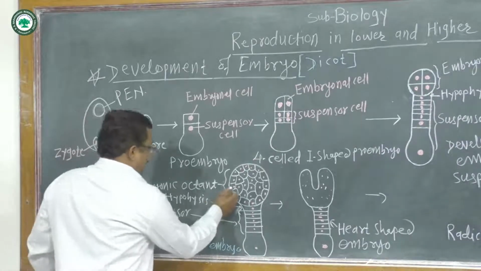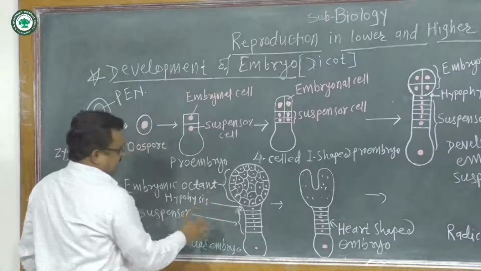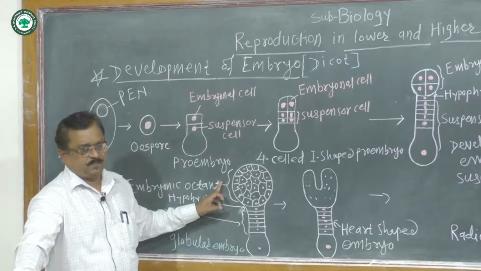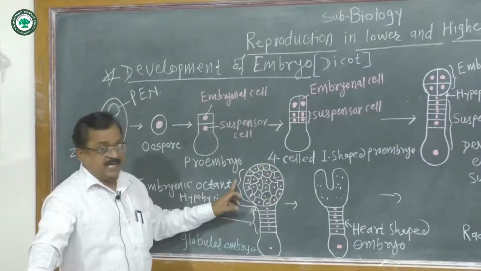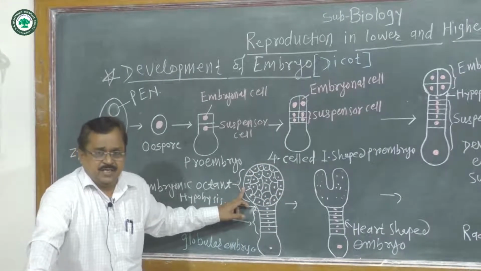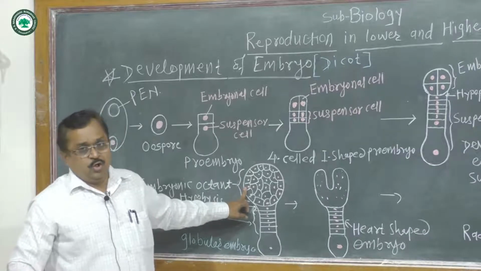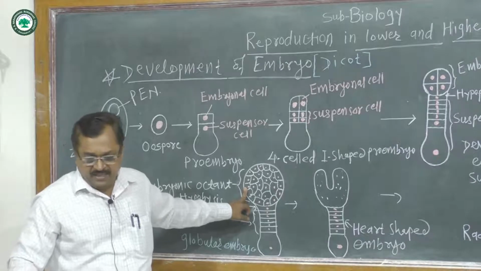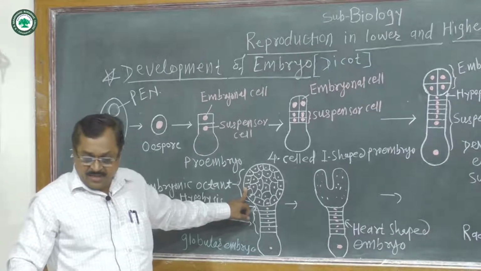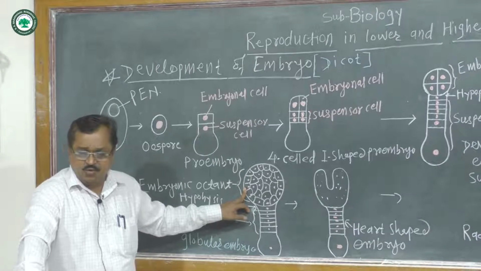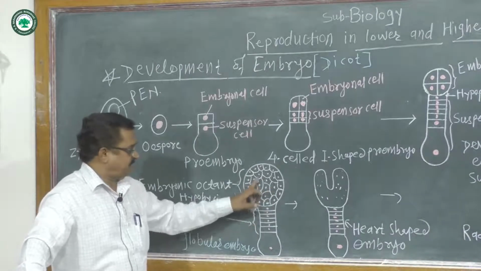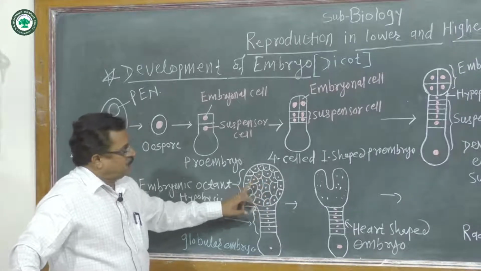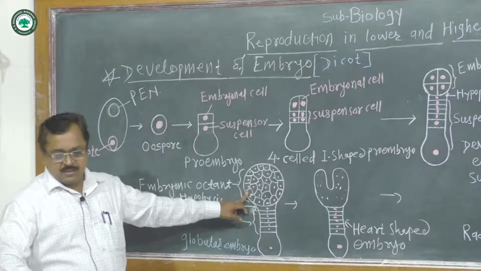From the outer layer the dermatogen is developed, which gives rise to the epidermis. The inner eight cells give rise to the embryonal mass.